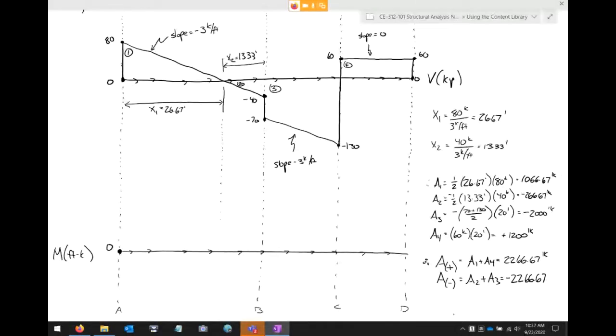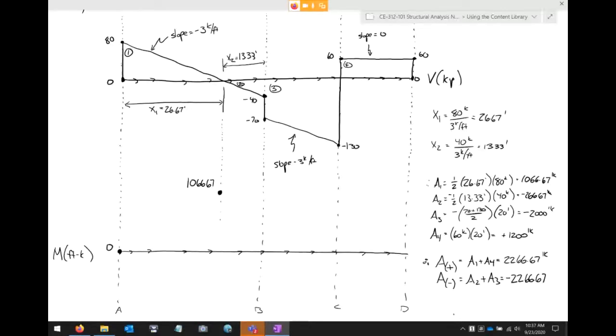I drew that down all along. Now from A to this first point here, we go up. And how much do we go up? We go up that area, 1066.67.